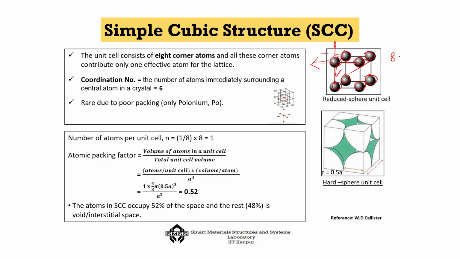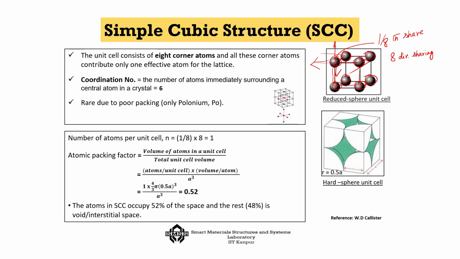So, 8 direction sharing, and that means, in terms of a single lattice like this simple cube, each atom gets only a 1/8 share; the other lattices share the other parts of it. So, that is one important point for the 8 corner atoms.